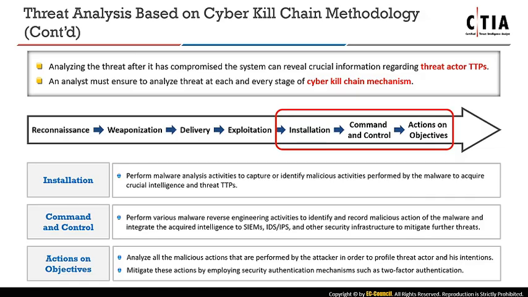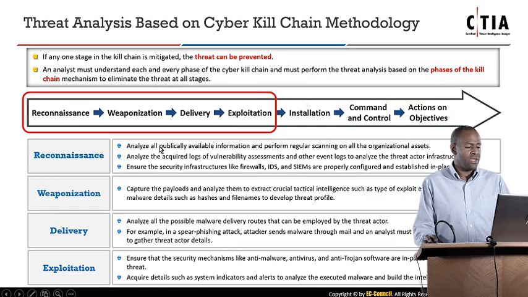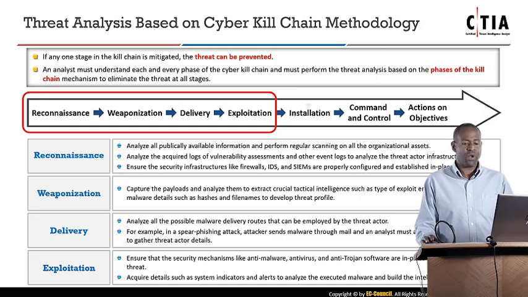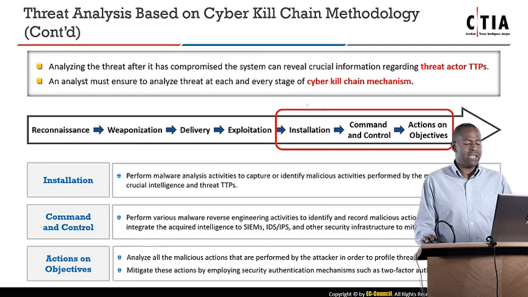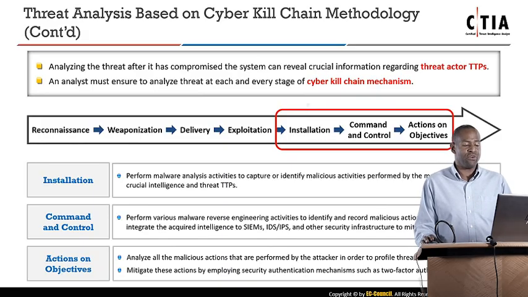So what we saw in the first section, where we have the red circle around reconnaissance, weaponization, delivery, and exploitation, we are going to prevent the threat. We're going to prevent it. What we're going to look at next is analyzing the threat after it has compromised the system.